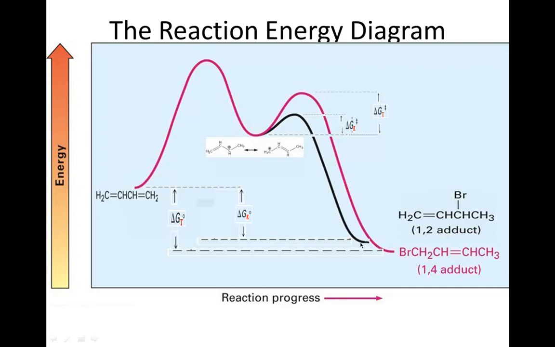And you notice that if you kind of extended this out, the pink one has crossed the black one. And so the 1,4 product is more stable than the 1,2 product, and so you see a small difference in the energy. And I've added in here the overall energy of the reaction to go to the thermodynamic product, which I abbreviated with a T here, so that's the 1,4 product.